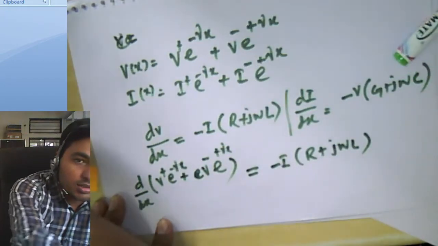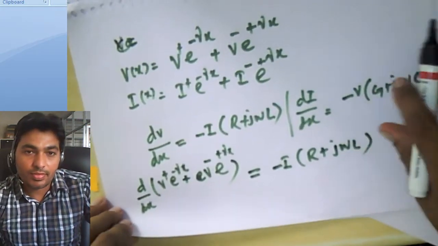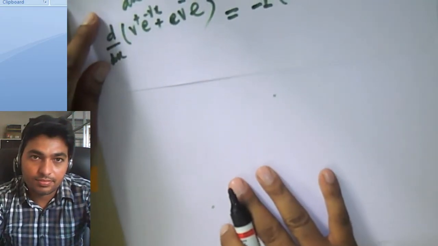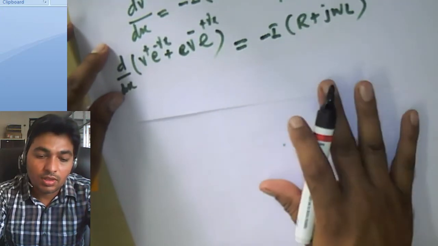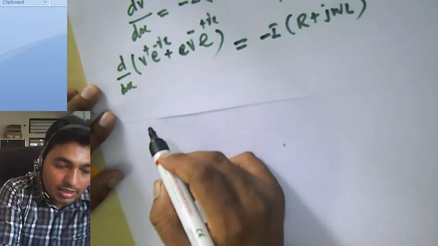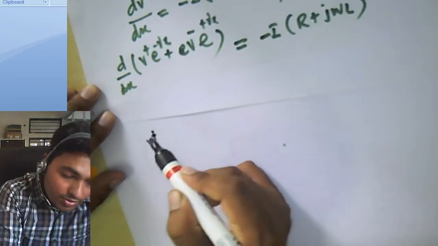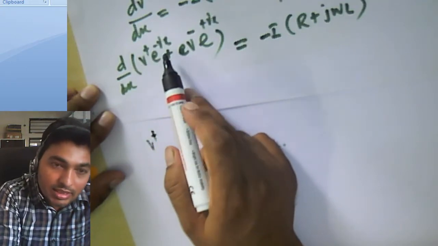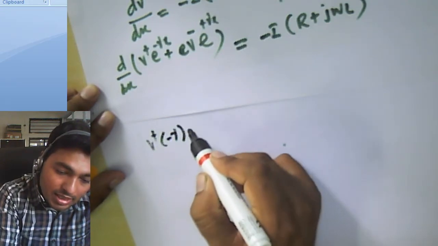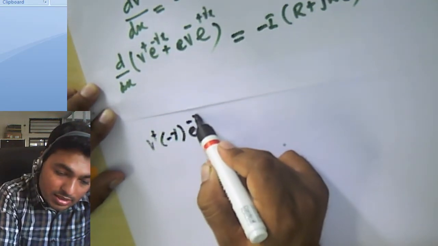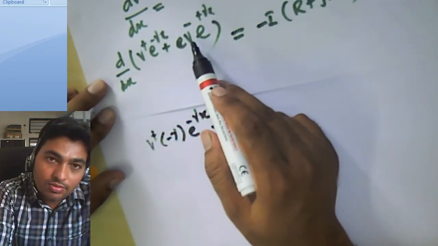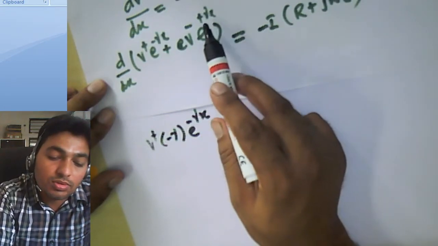Now we'll solve this. That will be d by dx of this term. So d by dx of voltage, that will be V plus times d by dx of e raised to minus gamma x, so this will be minus gamma times e raised to minus gamma x, plus d by dx of V minus e raised to plus gamma x.